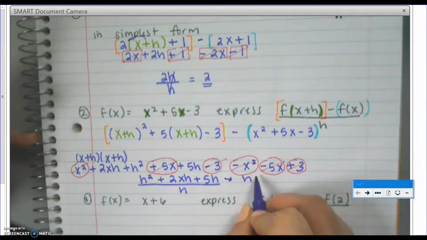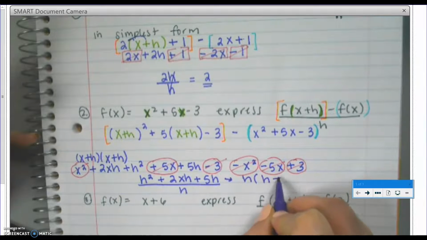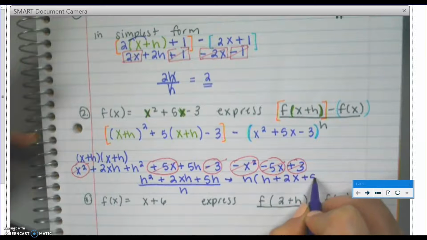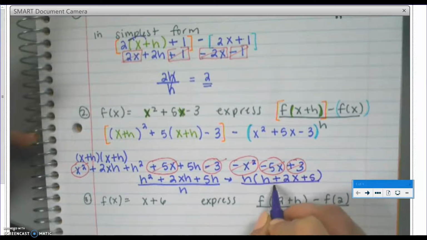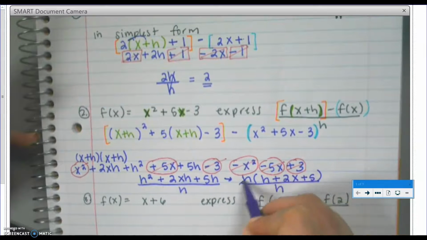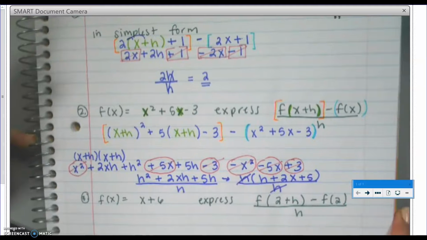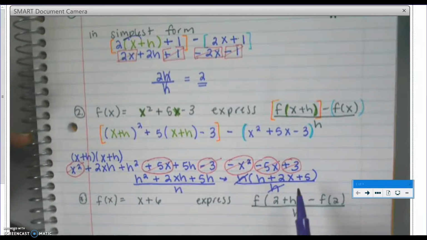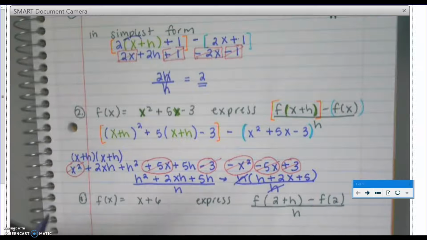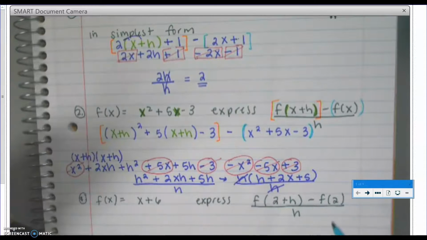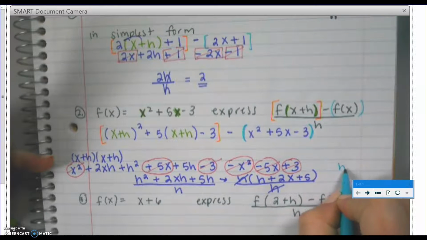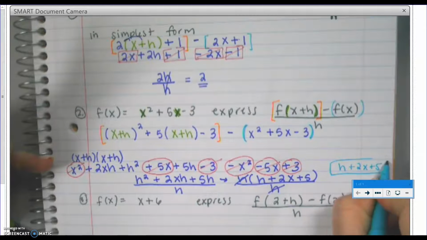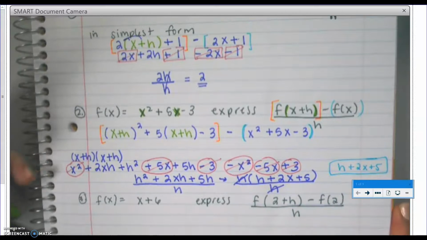So I'm going to factor an h out, and this way, when I divide by h, I can cancel that out. So this is my final answer: h plus 2x plus 5. I can't simplify that any further.